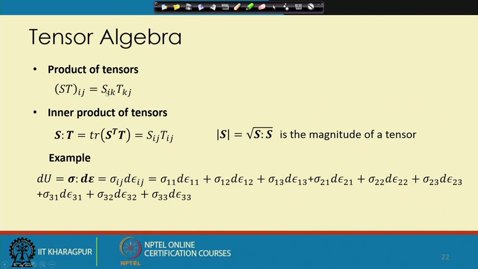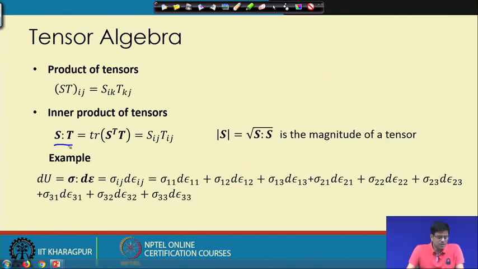This is known as the inner product of the tensors. It can be written in tensorial format in this form. This is the contraction sign, or sometimes known as the contraction operator. So S contraction T is essentially the trace of S transpose T, which I can write in a proper manner as Sij Tij.